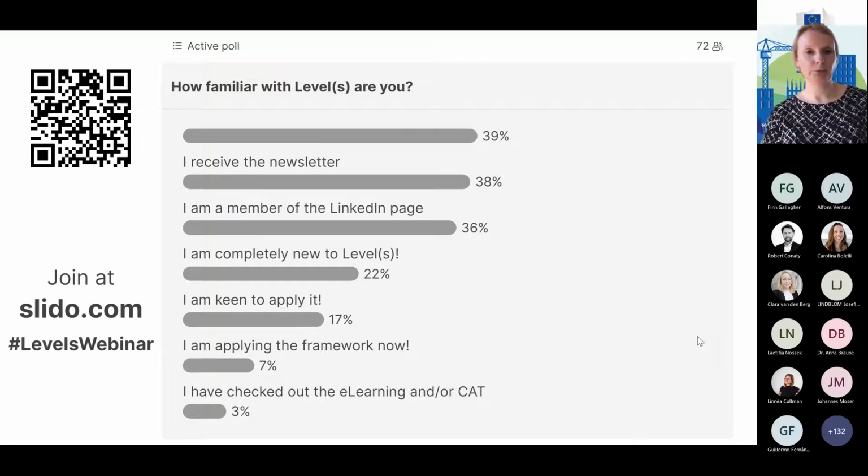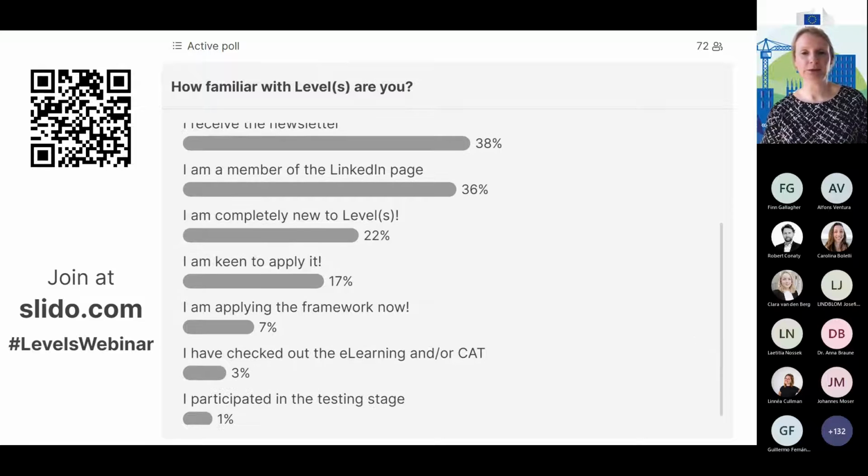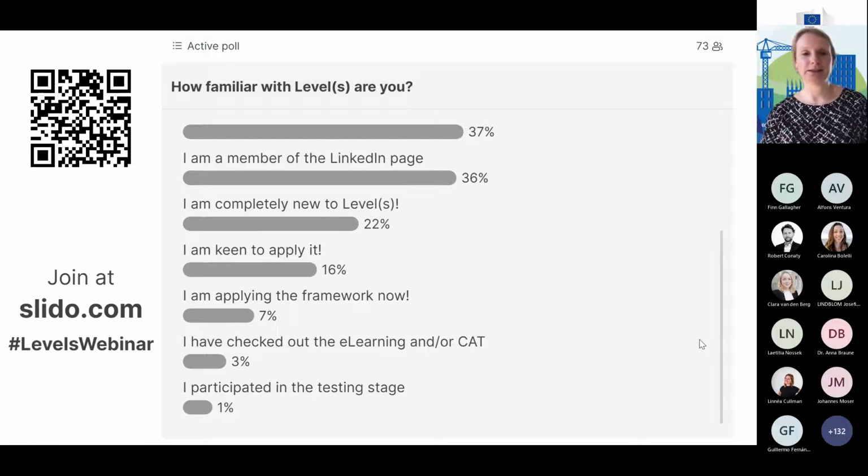There are also a few newcomers to Levels. Great, we love to see you. We also will have, as I said, a scene-setting presentation, so you'll get a bit of an introduction into Levels before we then move on into the specific examples of certification schemes and how they link to Levels.